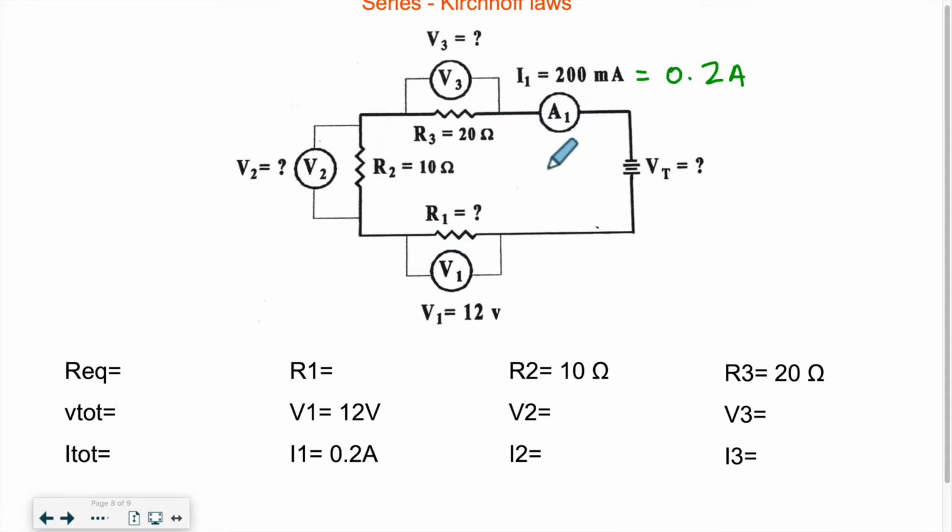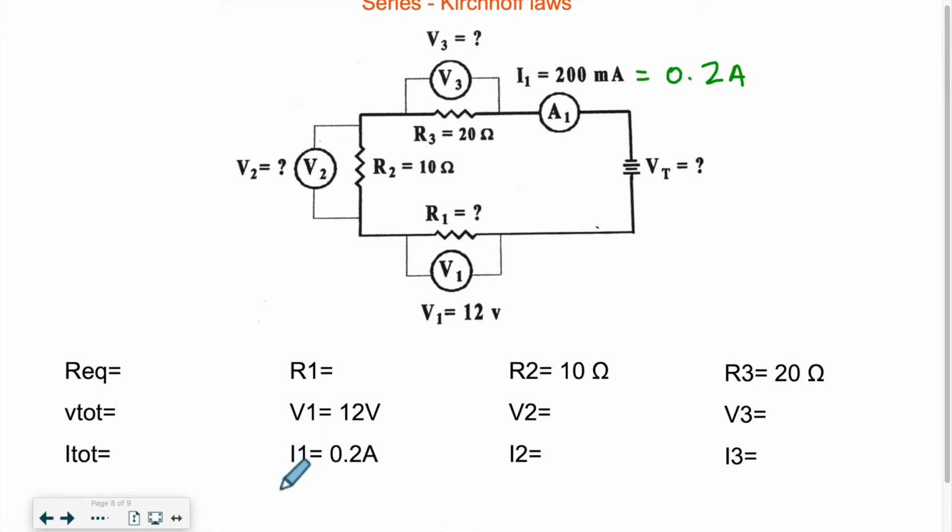So no matter where I measure my current, whether it's at the first resistor, the second resistor, the third resistor, or at the power source, it should always be the same current. I know in your diagram there's only one ammeter, but it doesn't mean that in reality you couldn't move it and measure over here or here or anywhere at all. So that ammeter should be giving me the same reading everywhere.